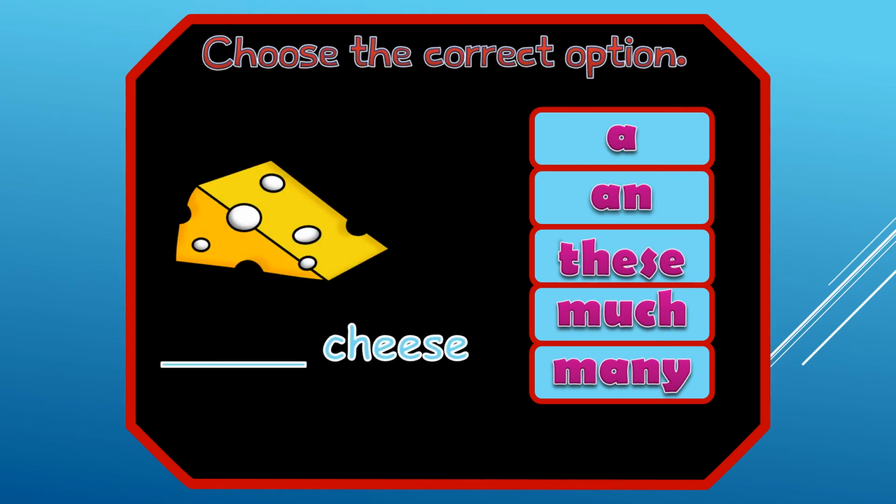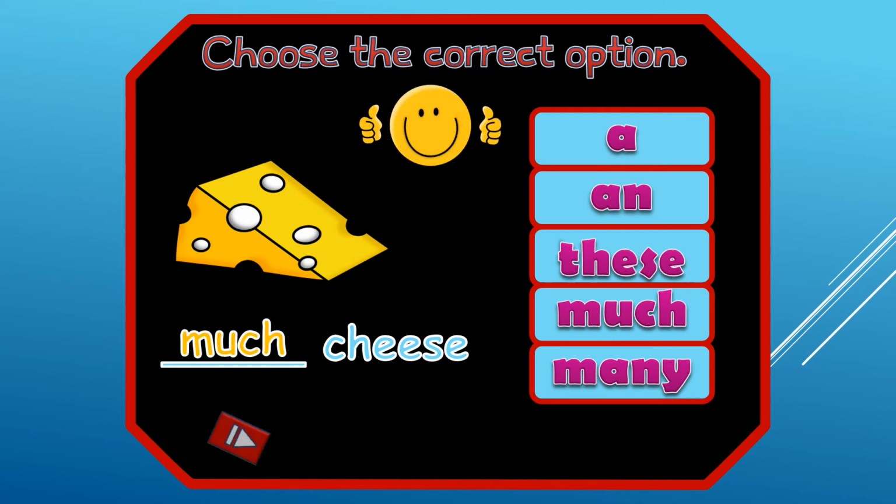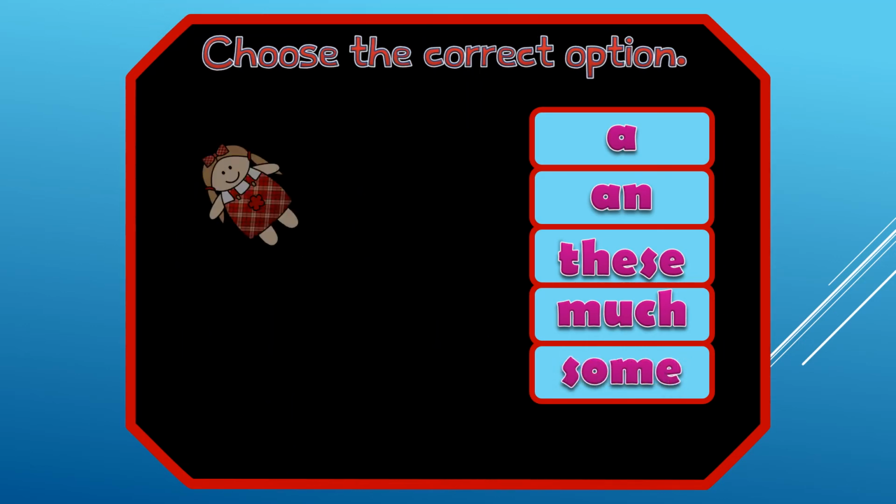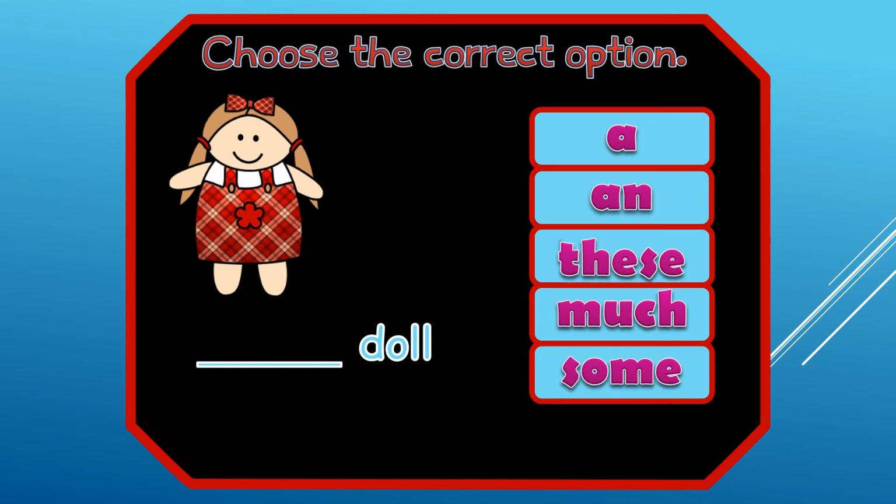What about cheese? What can we use here? A cheese, and cheese, these cheese, much cheese, or many cheese. Of course, we can use much cheese. Doll: a doll, and doll, these doll, much doll, or some doll.